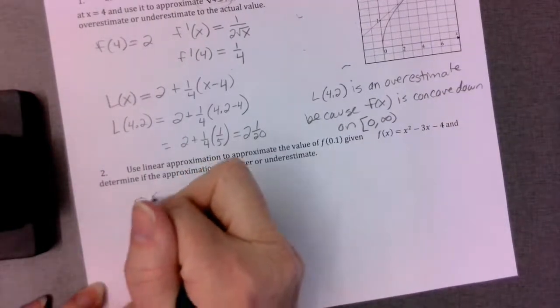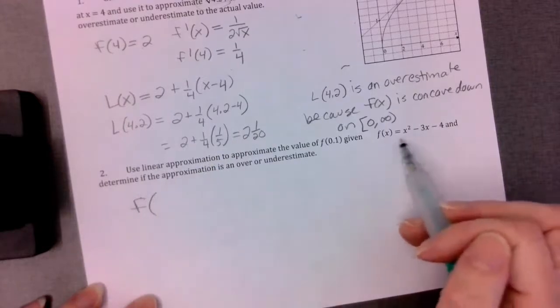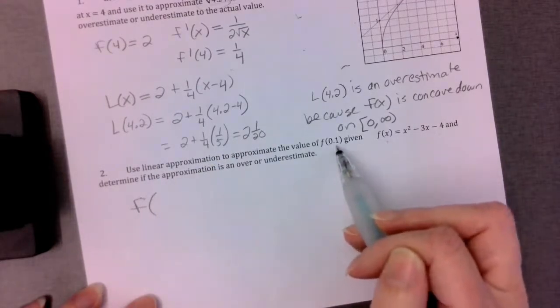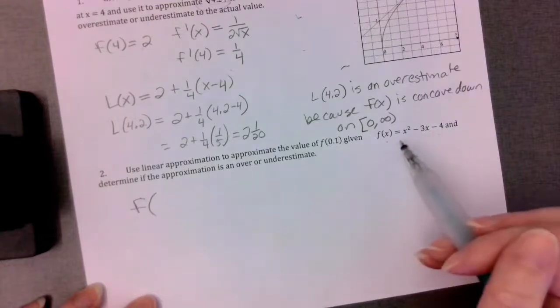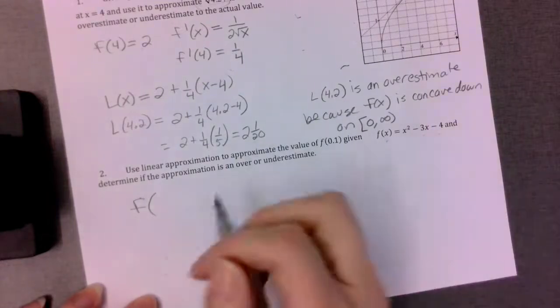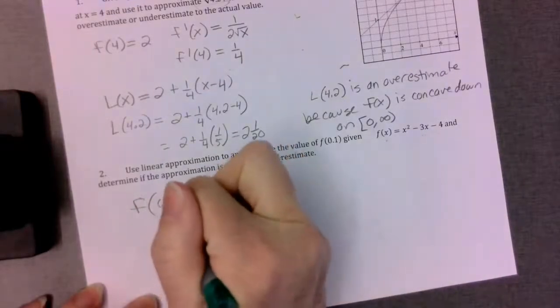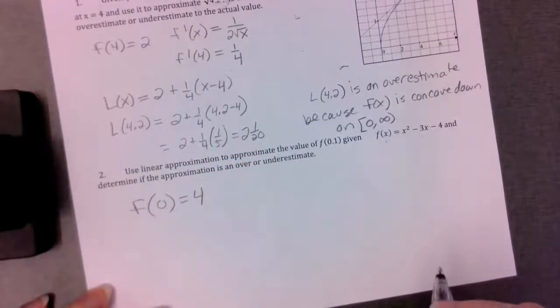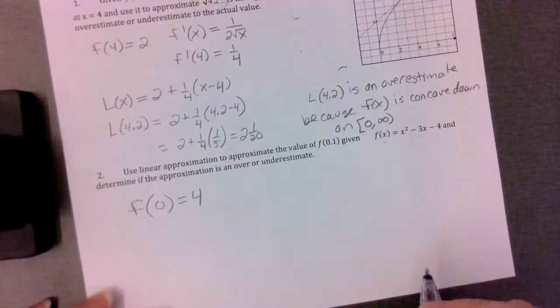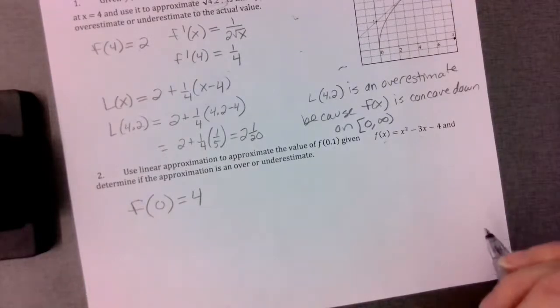First, I'm going to find f at a nice point to plug in. Well, what is 0.1 really, really close to that is easy to plug into that function? I'm using 0. Hopefully everybody else was thinking 0. So f at 0 gives me 4. So this is the desired point that I am working with.